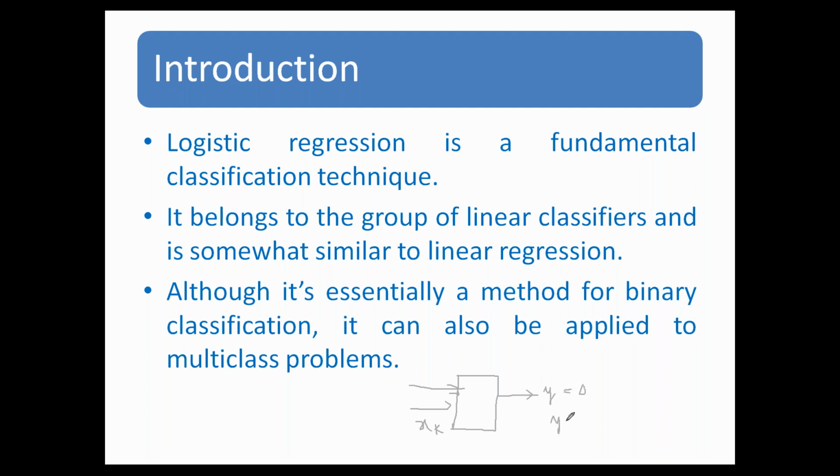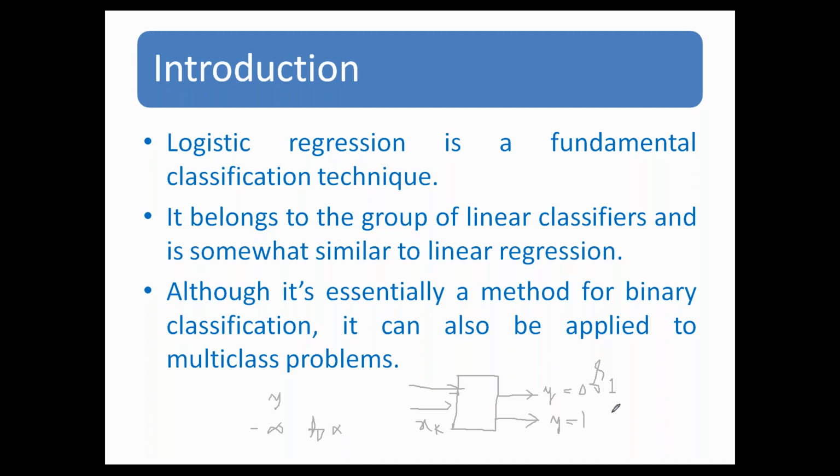If you have multiple classes, then you have to increase the number of outputs, but each output will give 0 or 1 only. In linear regression, y can have continuous values from minus infinity to plus infinity. But in logistic regression, y will be either 0 or 1 only.